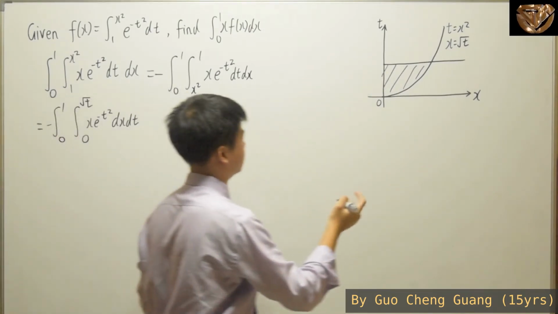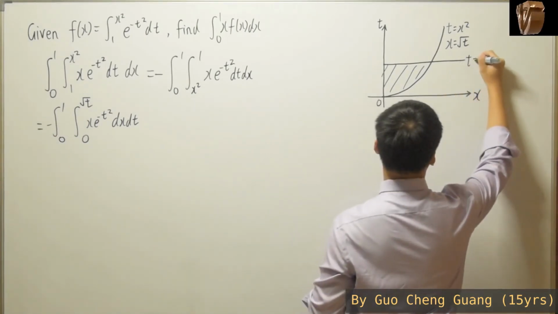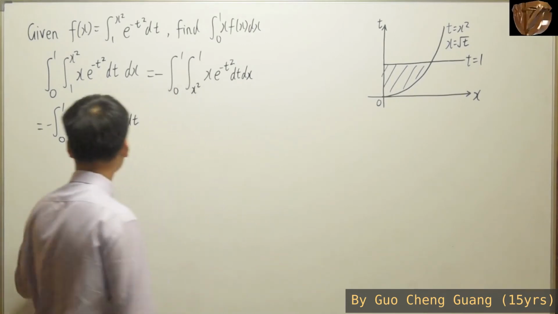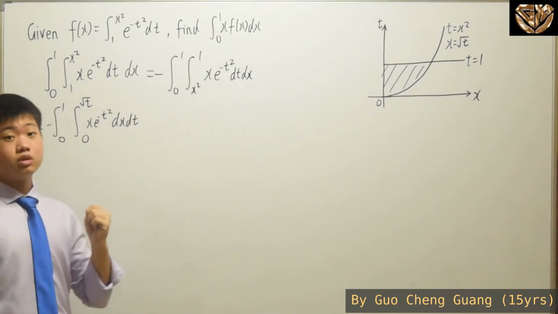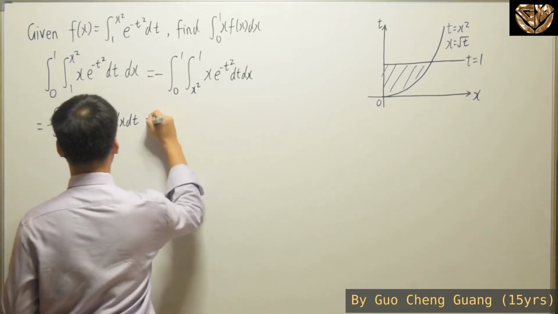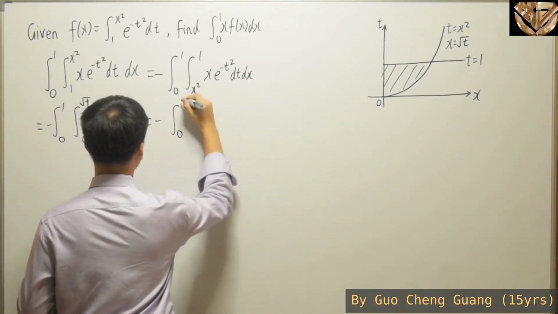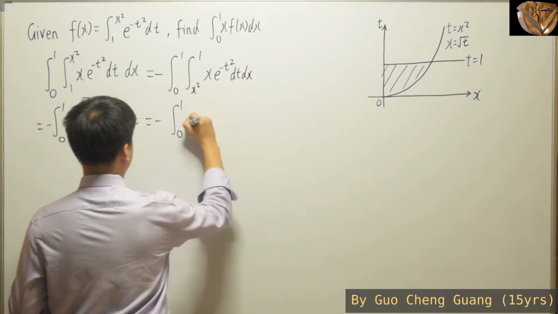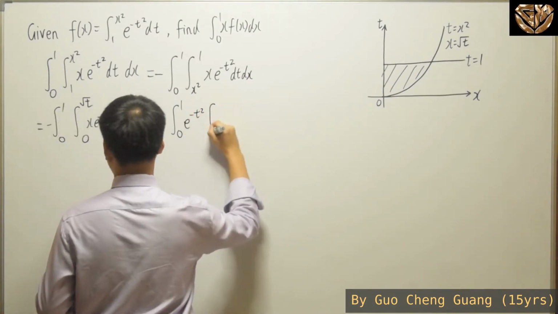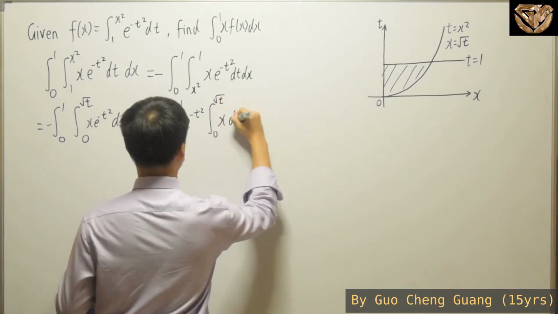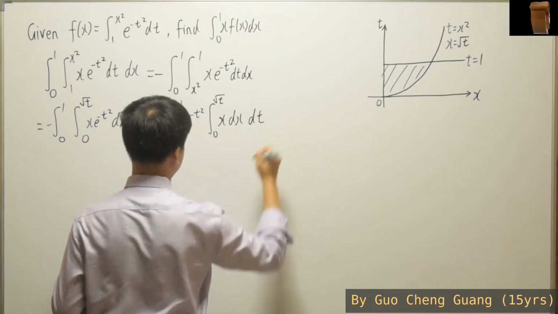But of course, if you're not sure that this is 1, you could always mark it out from your original one, that will be t equal to 1. Right, so this will be the new double integration we are taking a look at. Change that to iterated, and we will see negative integral from 0 to 1. We could take out the e to the power negative t squared, and integrate from 0 to square root t, x dx, and then dt.